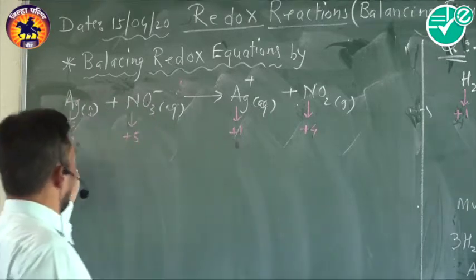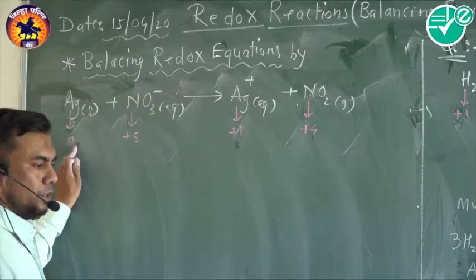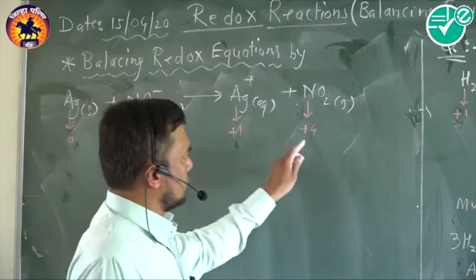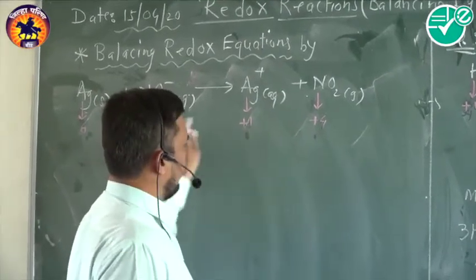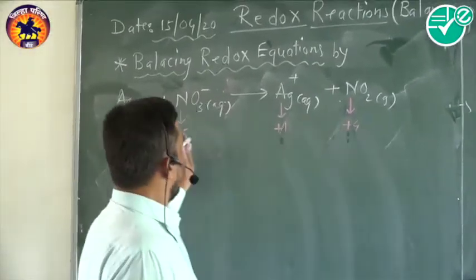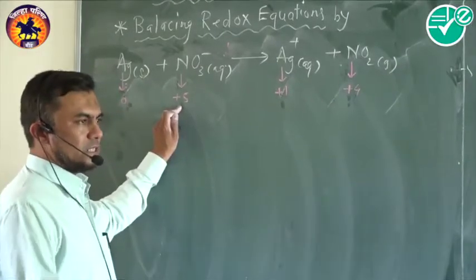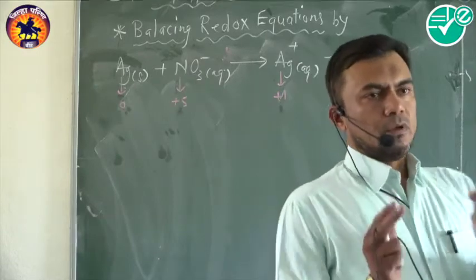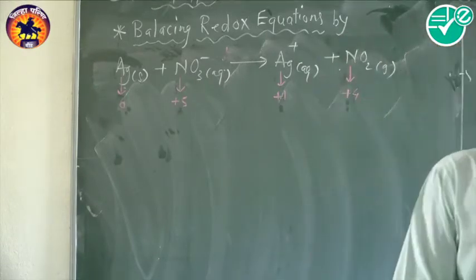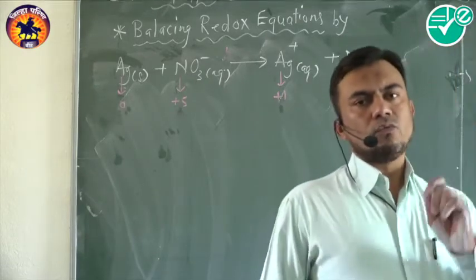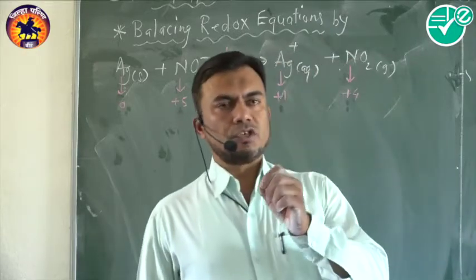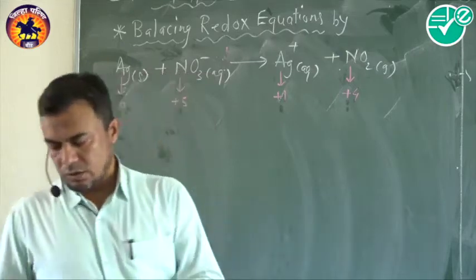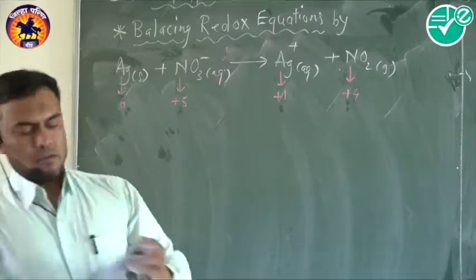That means the oxidation number increased by 1, whereas nitrogen reduces from plus 5 to plus 4, so oxidation number decreases by 1. Therefore, the increase in oxidation number of the oxidized species is equal to the decrease in oxidation number of the reduced species. So in this case, both are in balance.